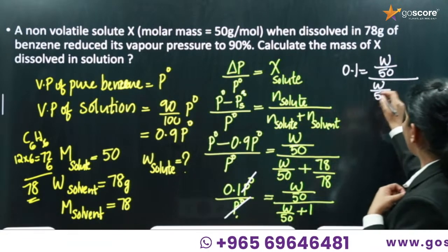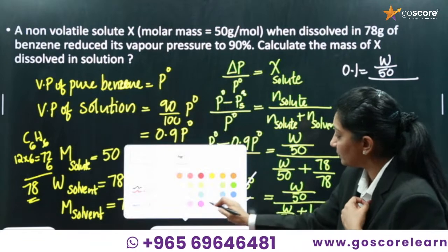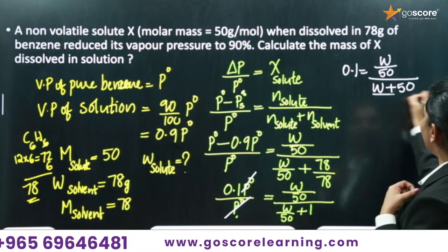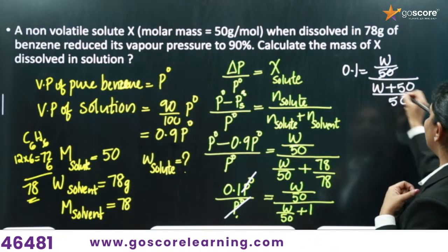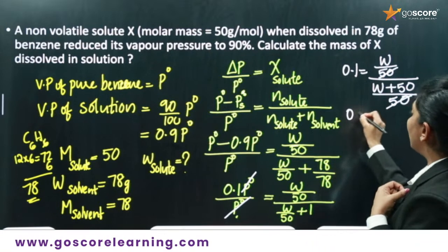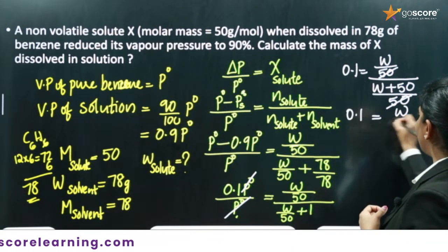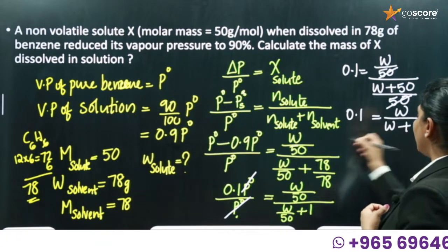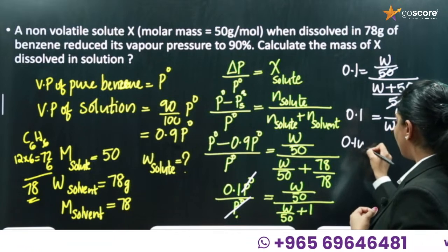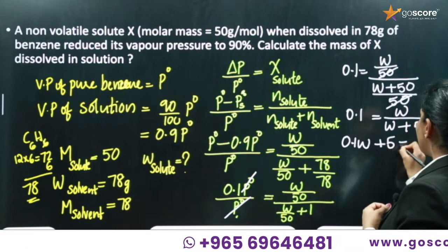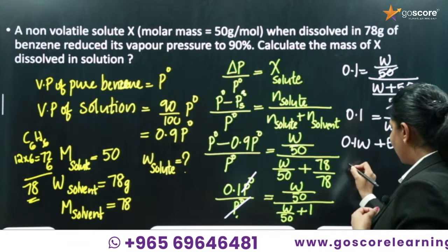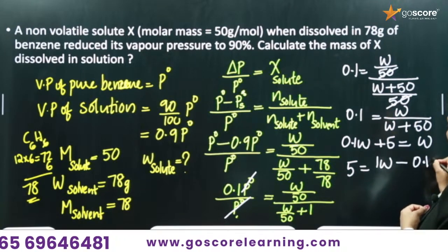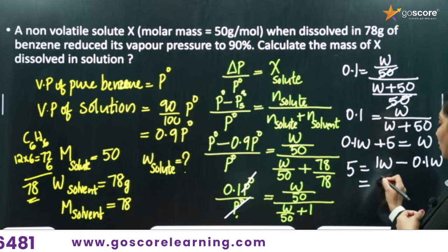That I can write like 0.1 is equal to W, the weight of the solute, divided by weight of solute plus 50, that I can write as 0.1 W plus 5 equal to W, so W minus 0.1 W is equal to 5.